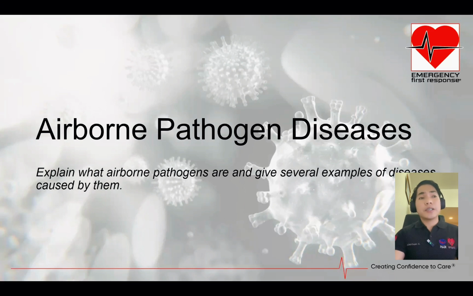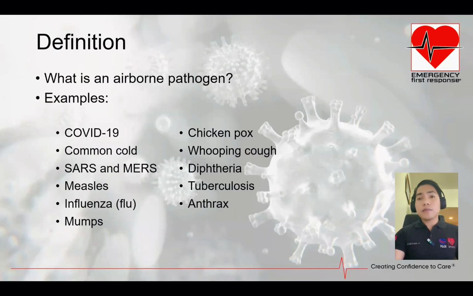Airborne pathogen diseases. We will explain what an airborne pathogen is and give several examples of diseases caused by them. Again, an airborne pathogen disease is caused by a microorganism passed from one person to another in several ways.